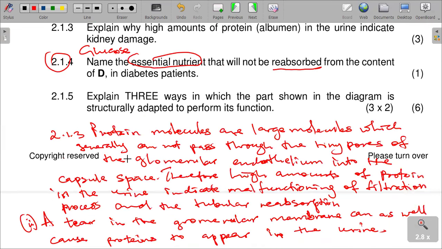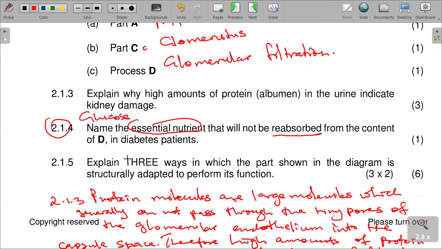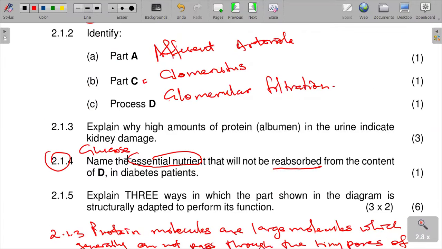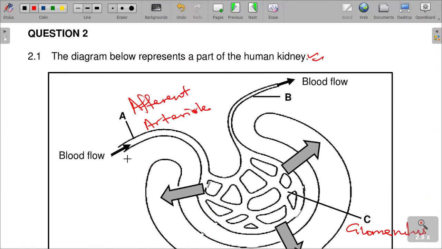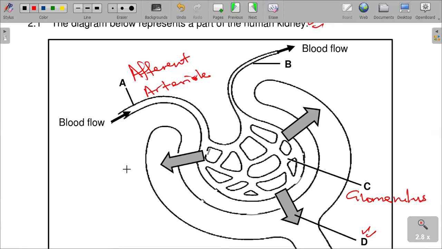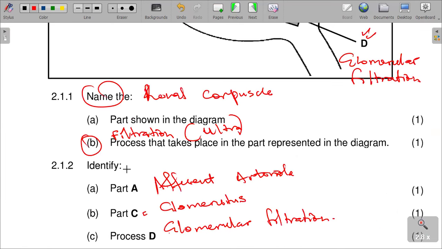And then question 5, name 3 ways in which the part shown in the diagram is structurally adapted to perform its function. Explain how the renal capsule is structurally suited to perform its function.